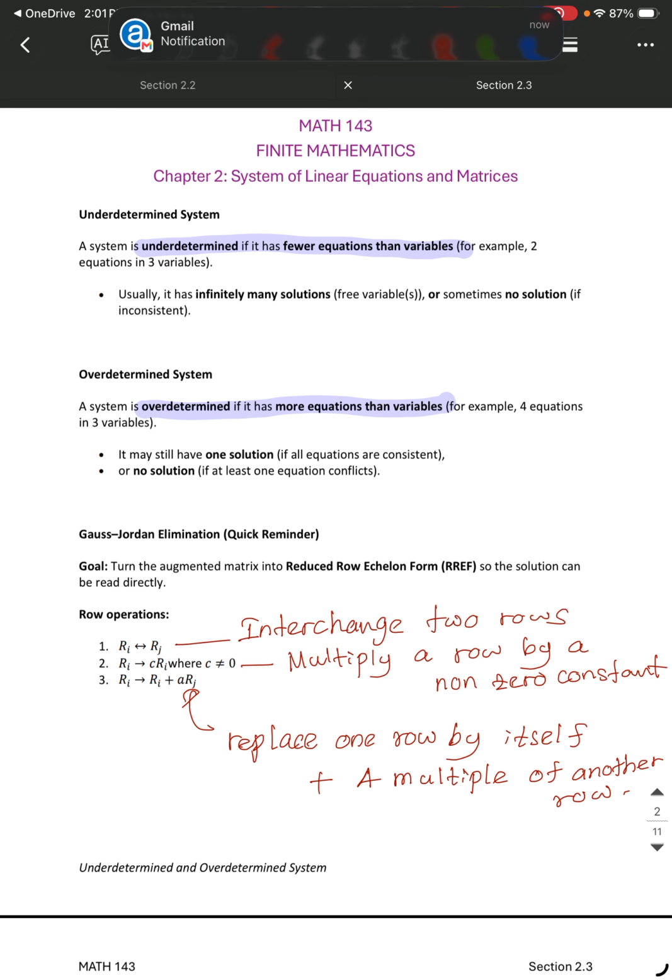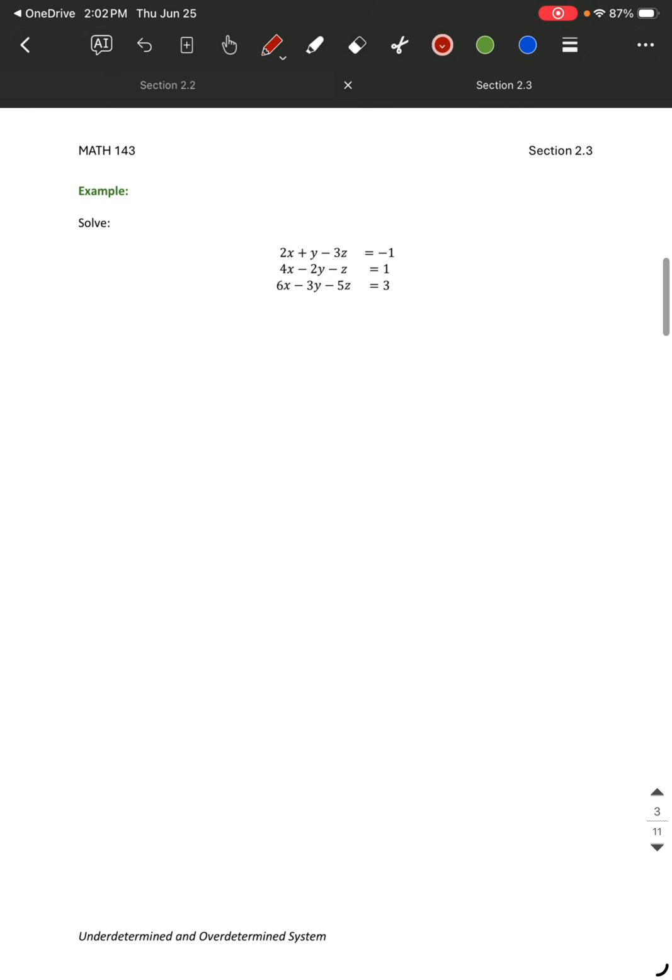These operations never change the solution of the system. So our goal is always the same: reduce the augmented matrix to reduced row echelon form, called RREF, where the solution can be read directly.